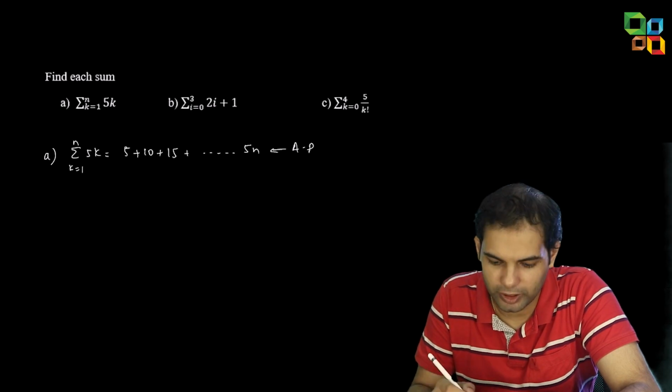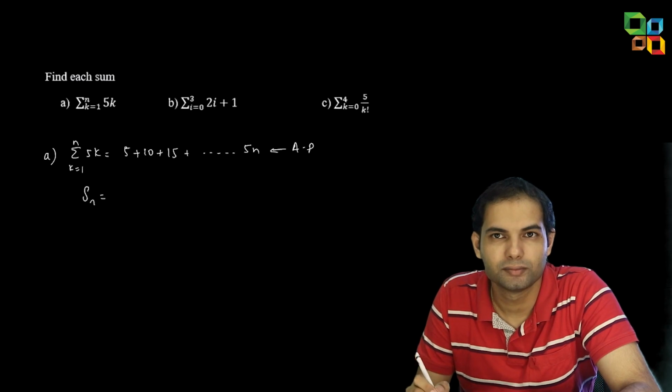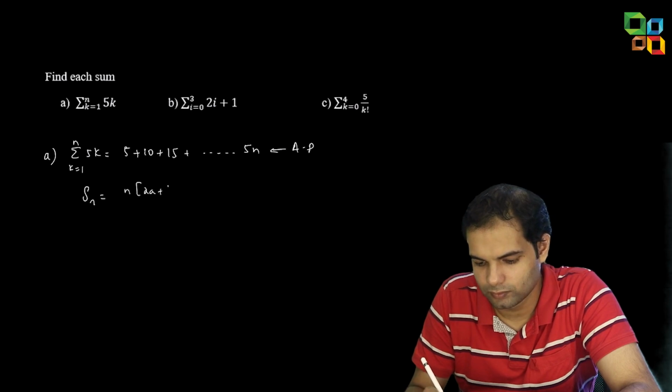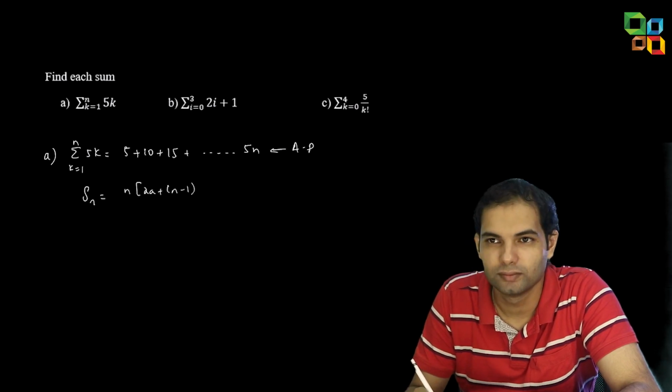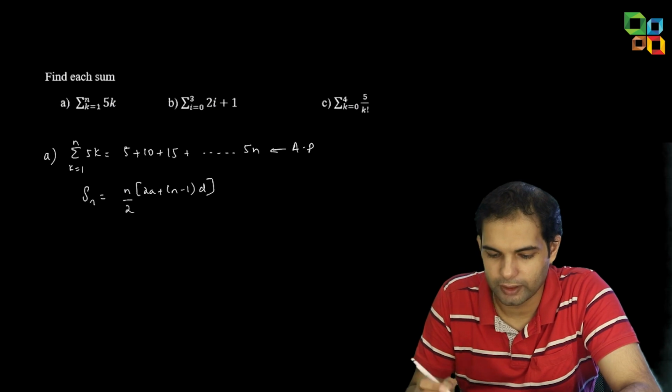So what's the formula for AP? Sn is equal to n into 2a plus n minus 1, bracket d, divided by 2, correct?